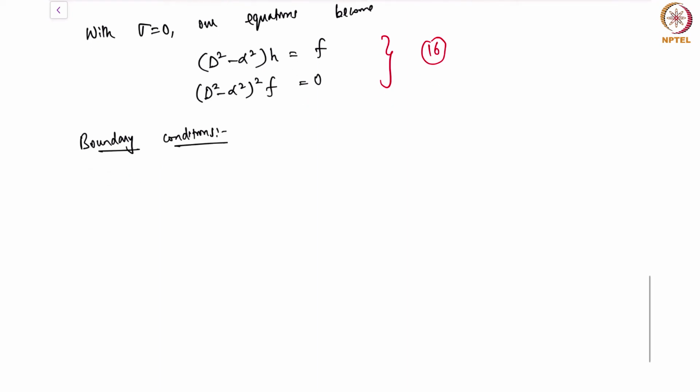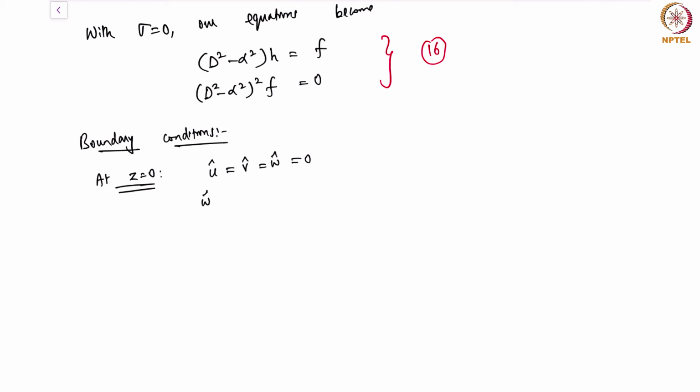Let's get the easy ones out. At z is equal to 0, we have the perturbation velocity, all of them are 0. This is the no slip and no penetration condition.